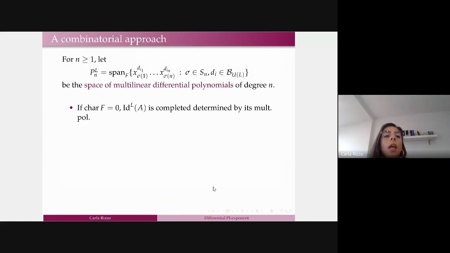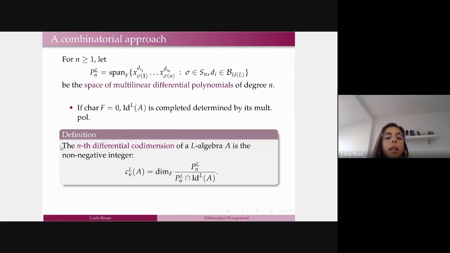Of course, as in the classical approach, we want to define a combinatorial approach, so we want to define some invariants. So we consider the space of multilinear differential polynomials. Again, since the characteristic is 0, the T_L-ideal of differential identities is completely determined by its multilinear polynomials. The way to show this is classical, by the multilinearization process. It's really standard. Then we can consider the differential codimension as the dimension of this quotient.